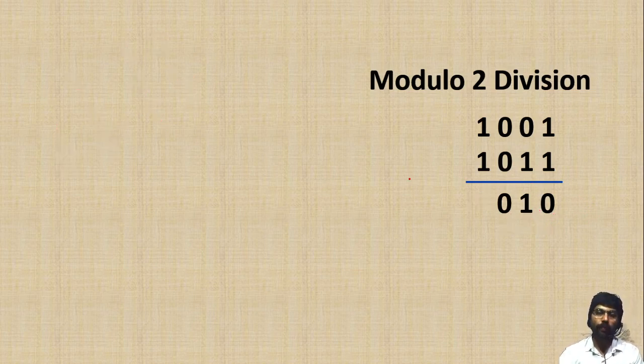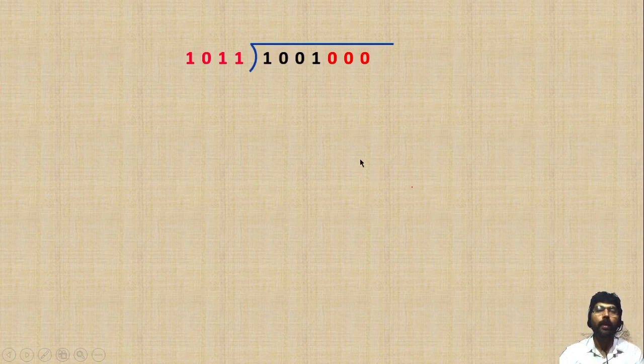Now I have to divide this data and augmented bits using this divisor. I will explain how the division is done with this division table. First I have to divide the first 4 bits of this data with this divisor, because the divisor is also 4 bits, so I have to select 4 bits.